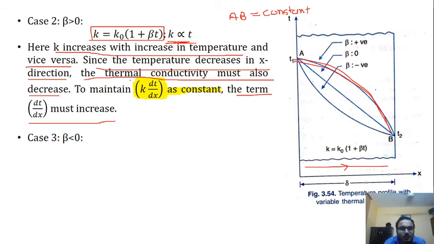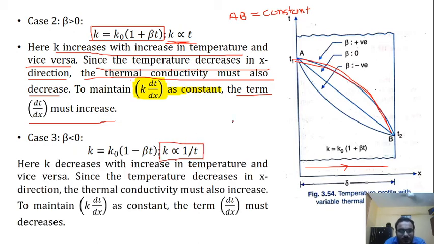Now the last case is beta less than 0, in which we get this kind of formula. If temperature increases, K decreases, and if temperature decreases, then K increases because of this negative sign. So we can say that K is inversely proportional to the temperature. In such case, as the temperature is decreasing in the x direction, the thermal conductivity will increase because of this relationship.